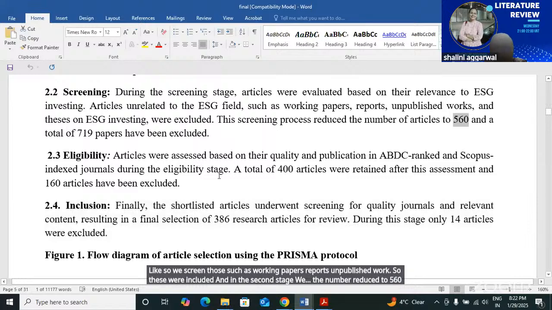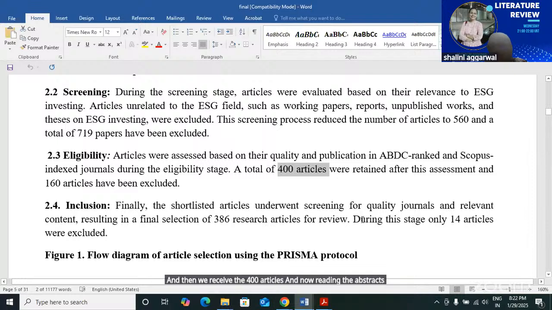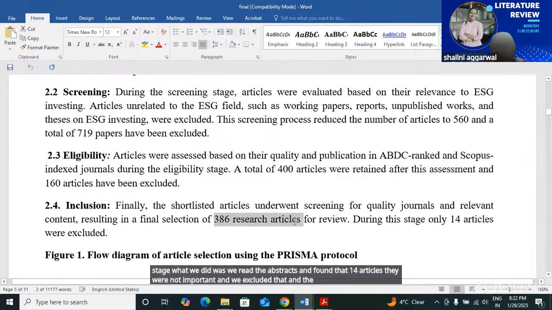And next, eligibility. What was the eligibility criteria that we followed? We followed that the papers have to be ABDC ranked and Scopus indexed, and then we received 400 articles. And now, in the last stage, we read the abstracts and found that 14 articles were not important, and we excluded them, and the final number of articles that we received was 386.